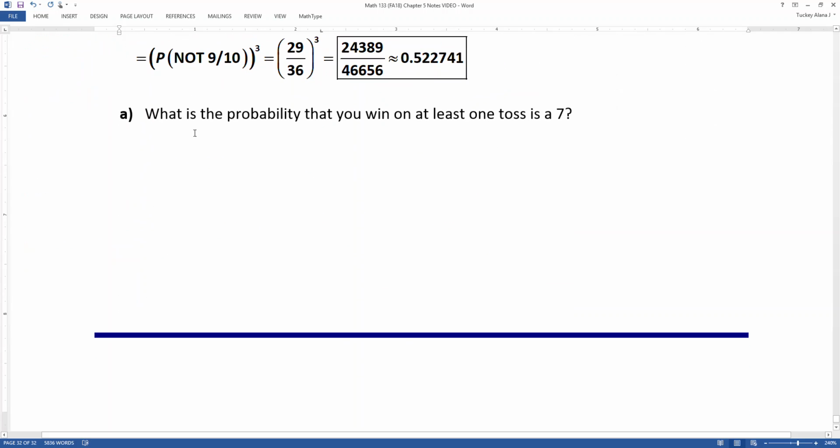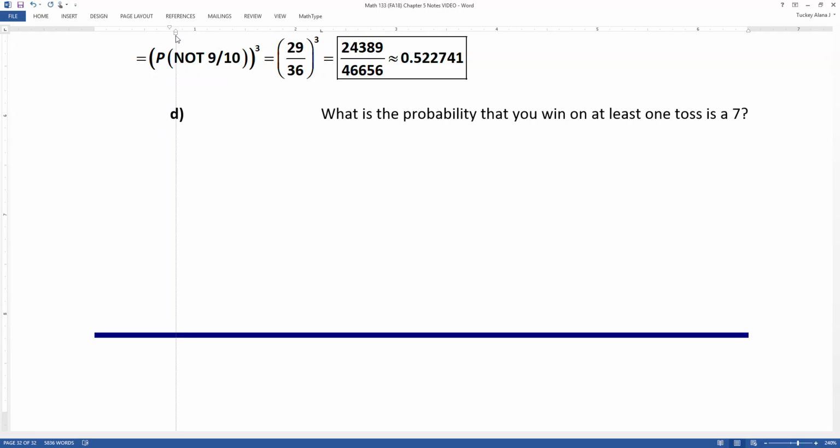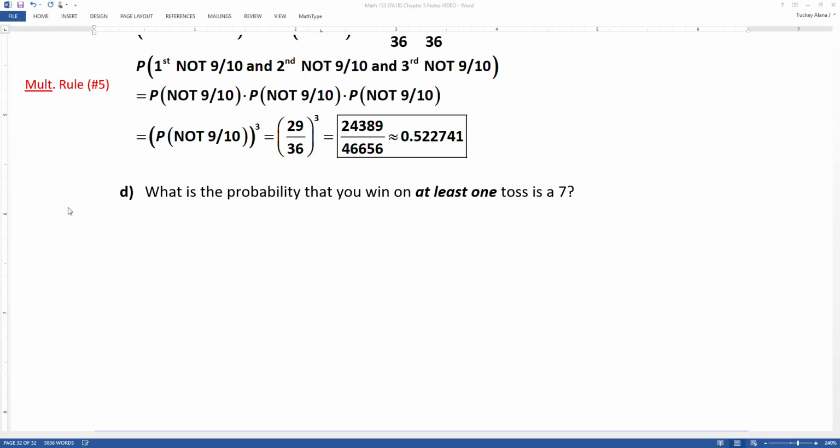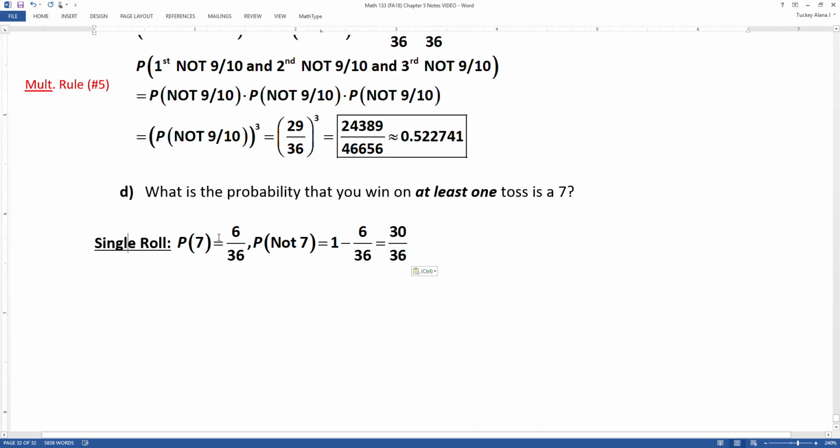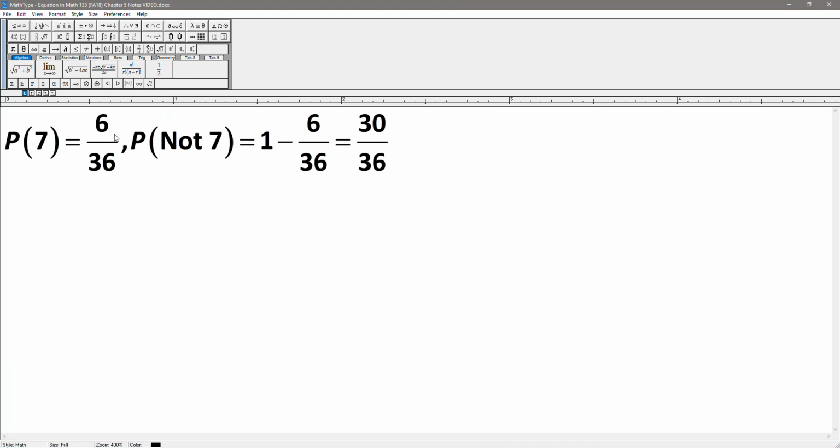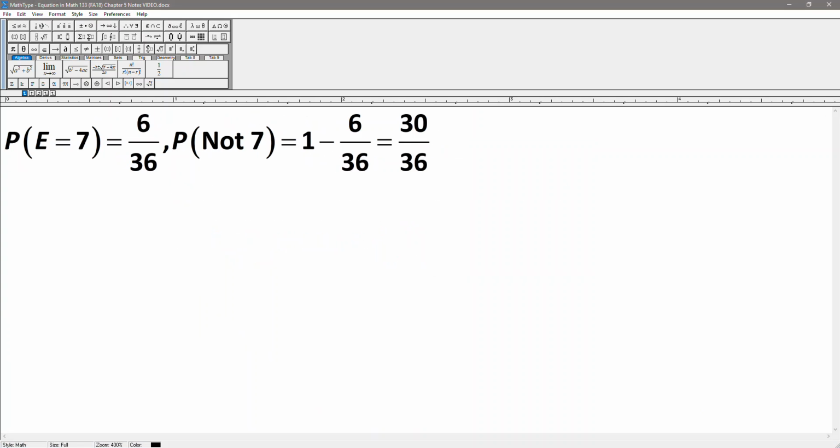All right, last but not least, we want the probability of at least 1. All right, that'll be problematic because these are always the trickiest ones. I want the probability of at least 1 7. So again, for a single toss, a single roll of the dice, the probability of event E, which is a 7, is 6 over 36.